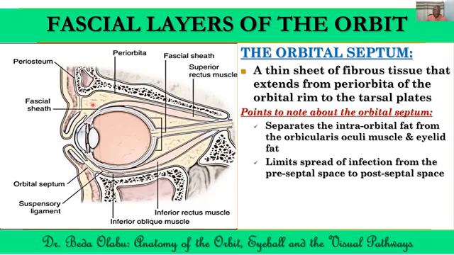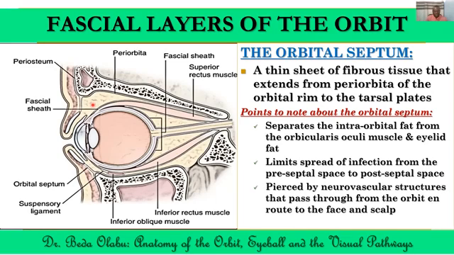Remember, the postseptal space is actually the orbital cavity proper. There are a number of neurovascular structures that will pass through the orbital septum. In particular, these neurovascular structures are going to supply the scalp and the face, so they pass through the orbital septum as they go to supply the structures in the scalp and face.